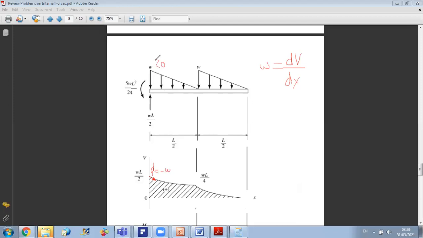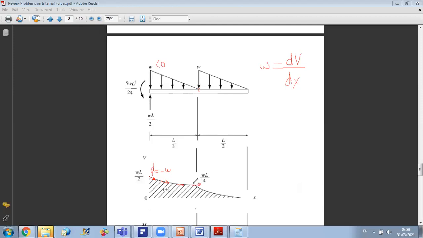Then my slope will decrease, and at L over 2 my slope will become 0. This gives an upward concavity because the slope is decreasing.